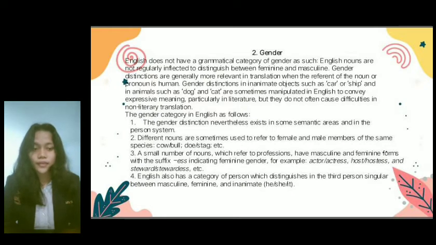The second, different nouns are sometimes used to refer to female and male members of the same species, cow or bull, doe or stag, and etc. And the third, a small number of nouns which refer to professions have masculine and feminine forms with the suffix ess indicating feminine gender. For example, actor or actress, host or hostess, steward or stewardess, and etc. Okay, we continue to the next type.